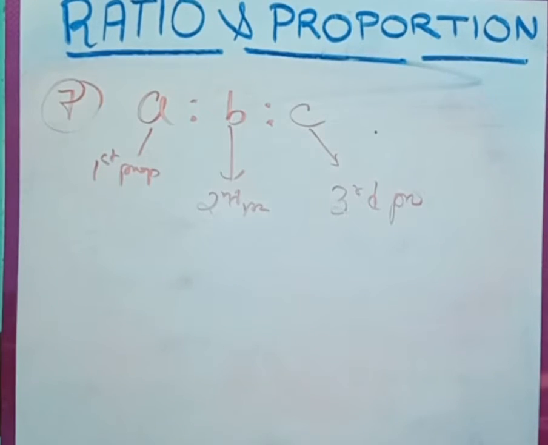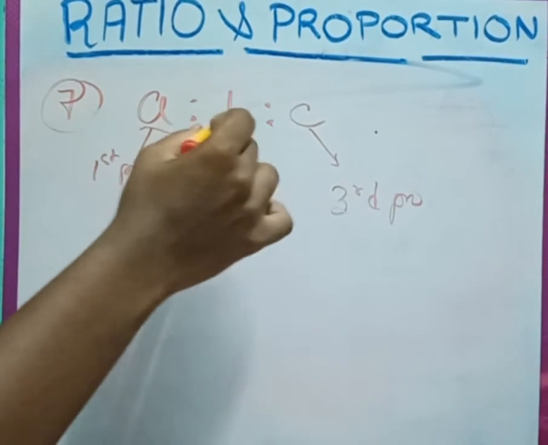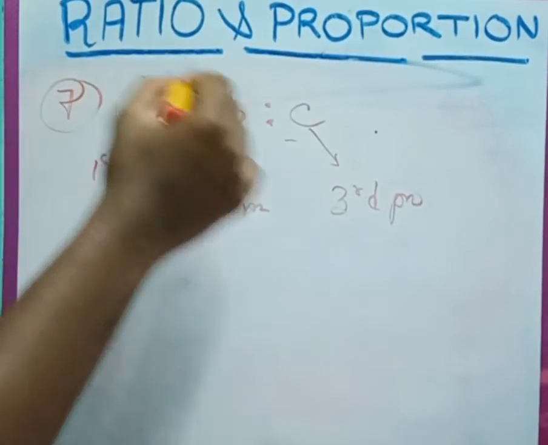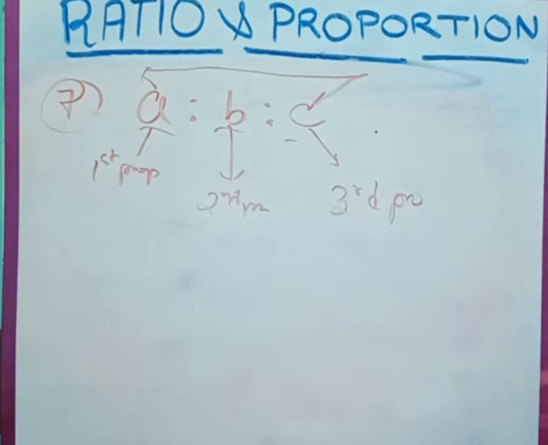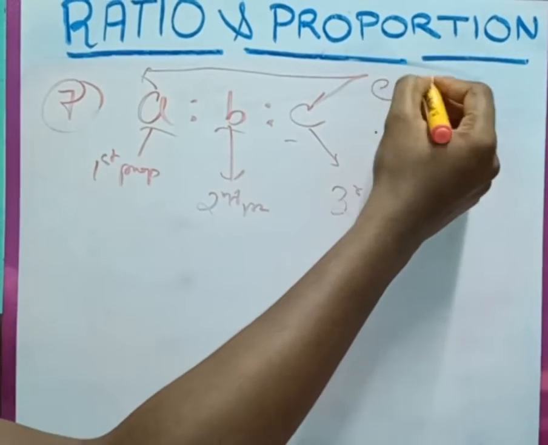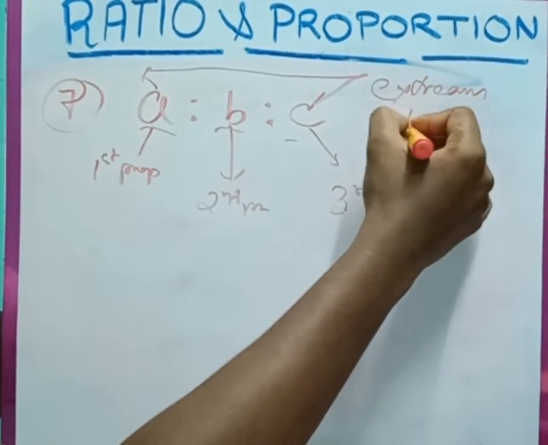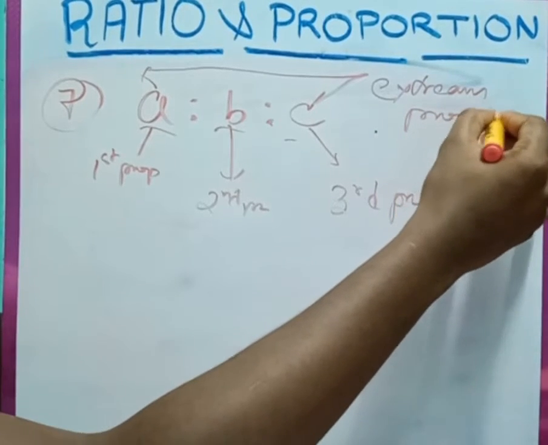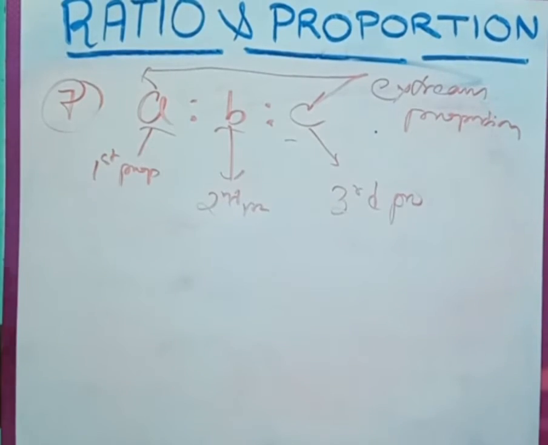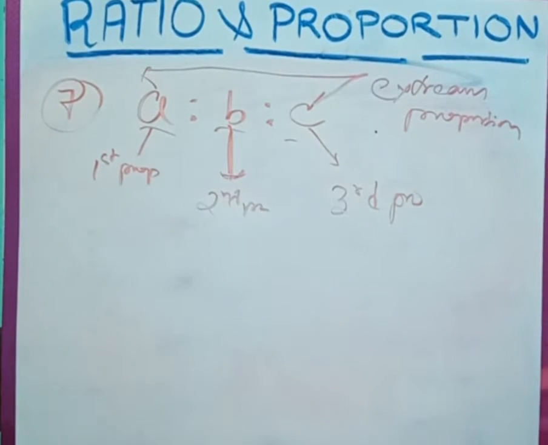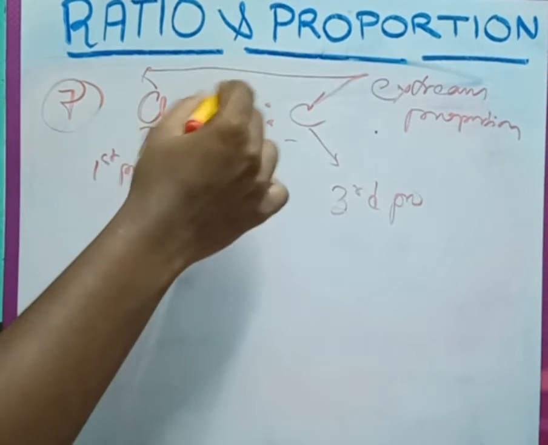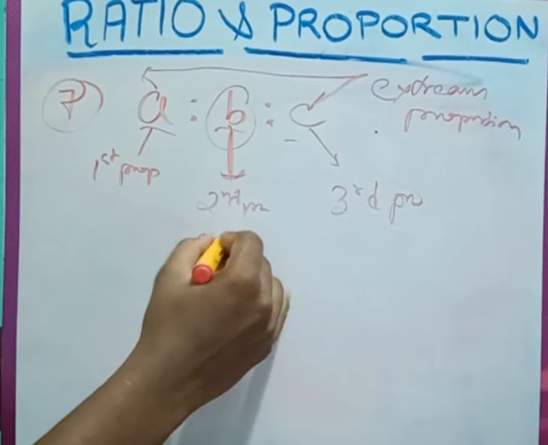And remember one thing, guys: when you have 3 elements, the first element and the last element are called extreme proportion. So the first element and the last element are always called extreme proportion, so don't get confused, guys. And B, the middle element, is called the mean element, because it is in the middle.